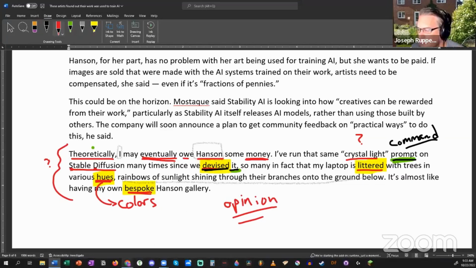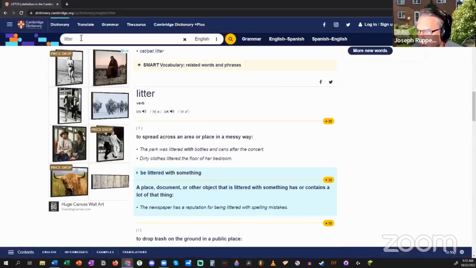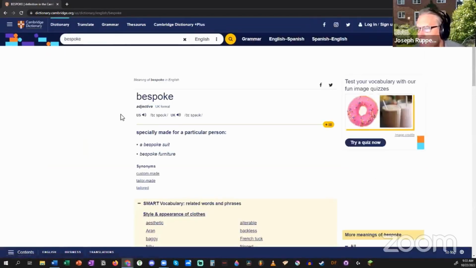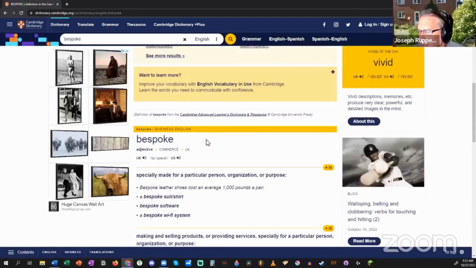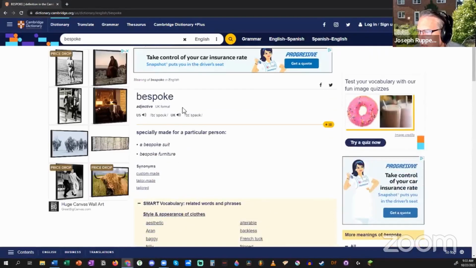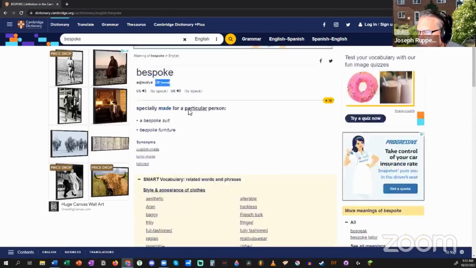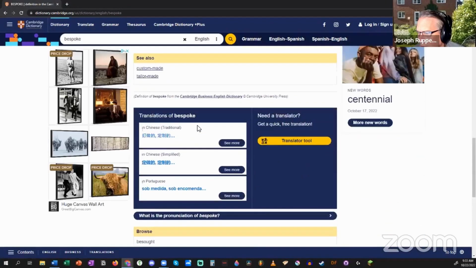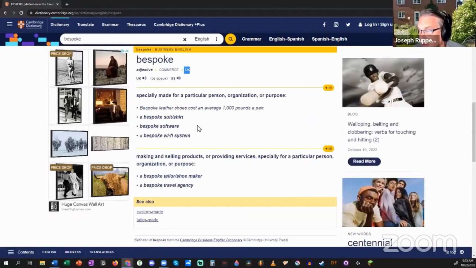And then last, I want to talk about bespoke. Unusual word, very formal word. Interesting, we have a UK formal, commerce label. So in the United States, it is not used very often, but it is used.